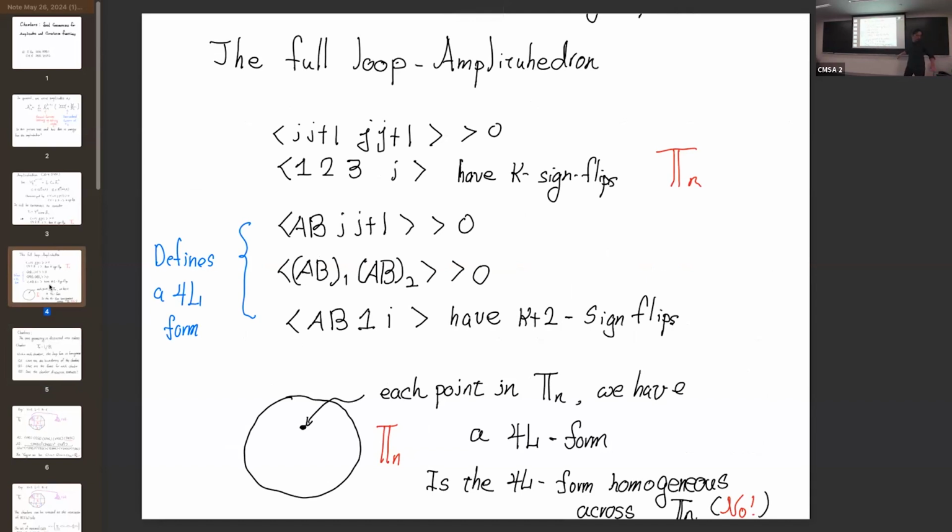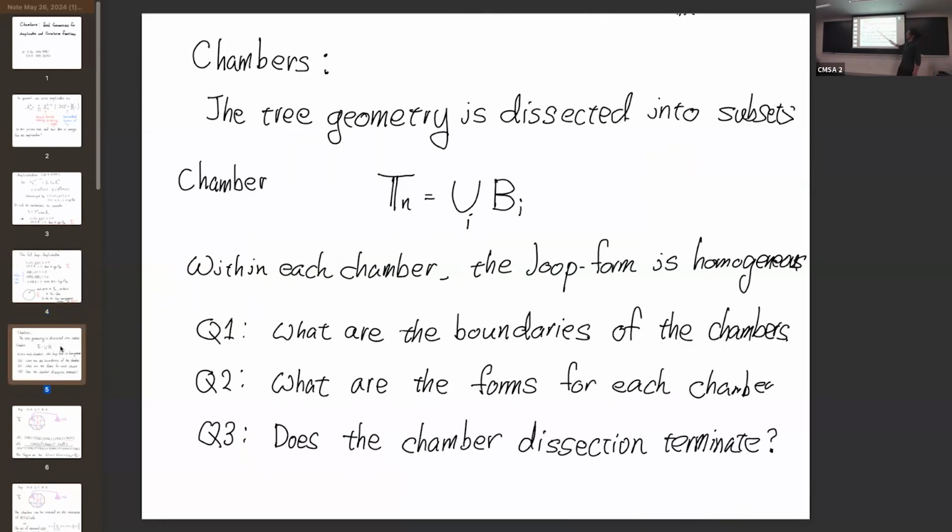And just by thinking of that, a natural way to view this whole construction is that, in principle, my tree region should be a union of different chambers. Here, the working definition of chamber is that within a given chamber, the loop form is homogeneous, in the sense that as you move inside the chamber, the loop form is the same.